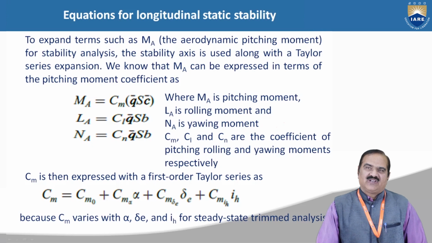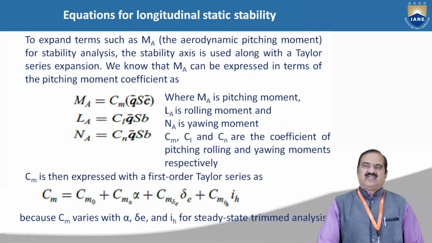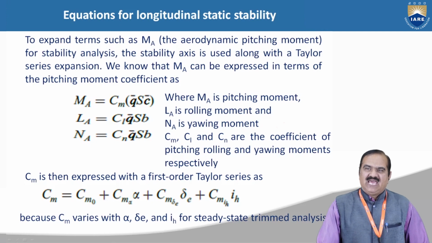Now I will go through some equations for longitudinal static stability. Here we have the terms. The first term is M_A, the aerodynamic pitching moment. L_A is the rolling moment, and N_A is the yawing moment.